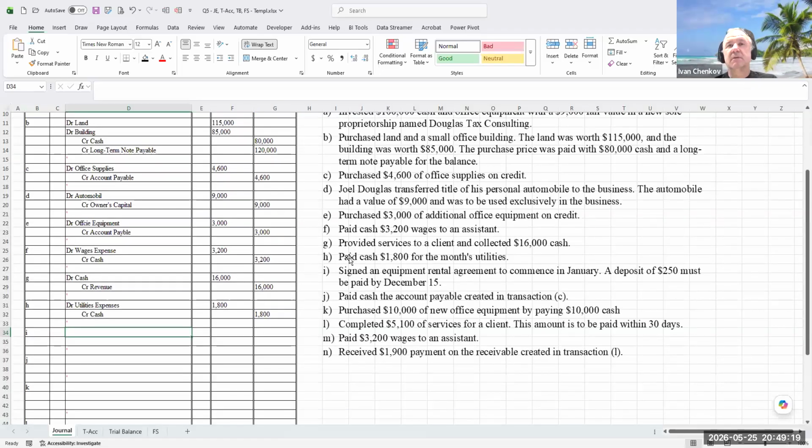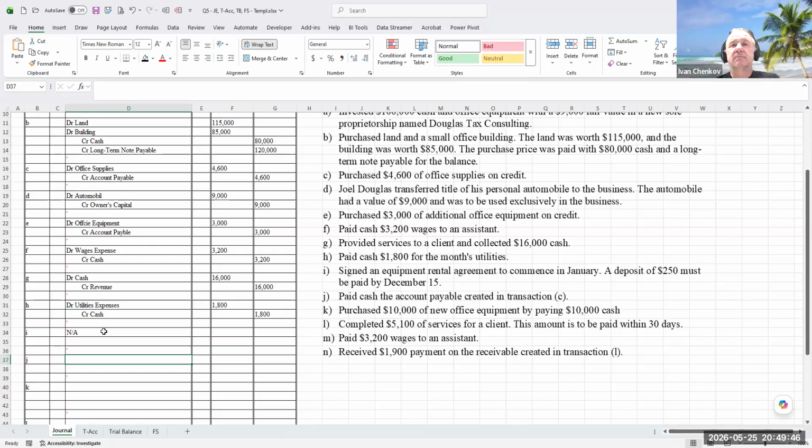What are we going to do with this? Not applicable. Yes, that would be the right thing to do. We signed the agreement, which will start in January, and we have to deposit 250 by December 15th. So at this point, there's no transaction here, not applicable.